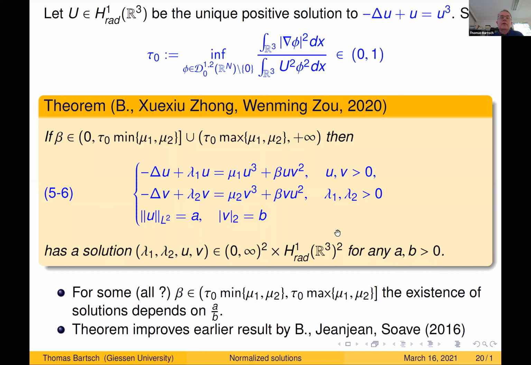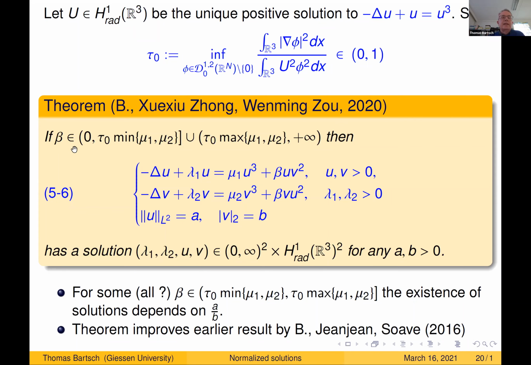I now present a quite recent type of result. It appeared last year online in Mathematische Annalen. So we take the system and obtain solutions if this parameter beta lies in a certain range.